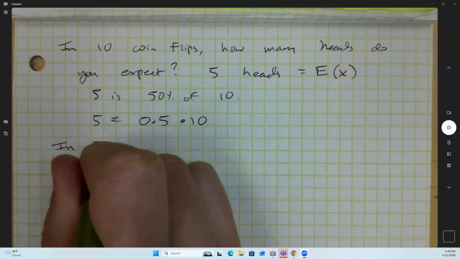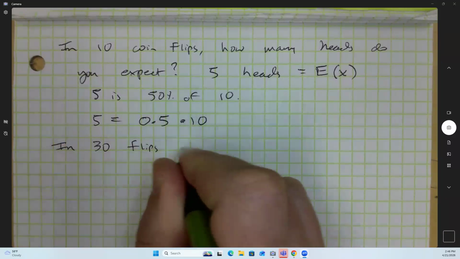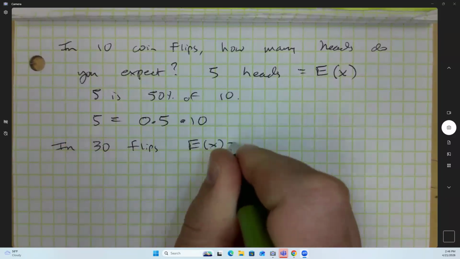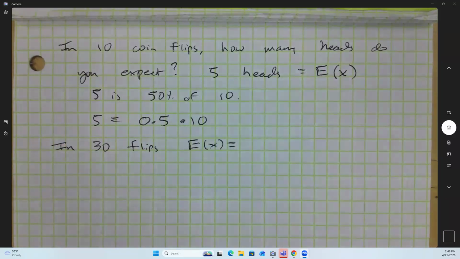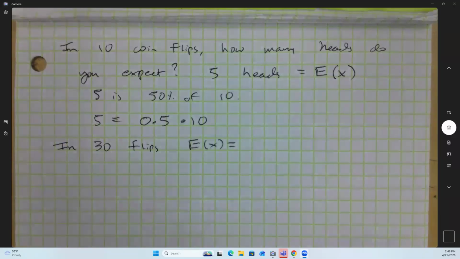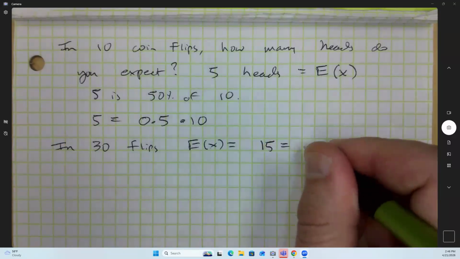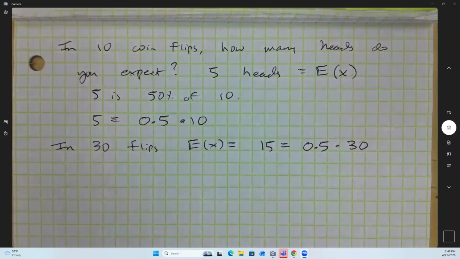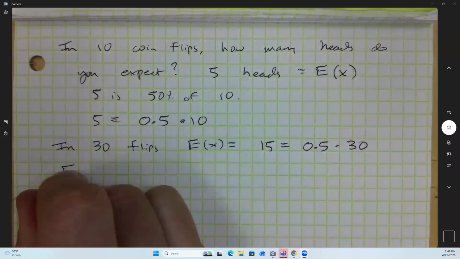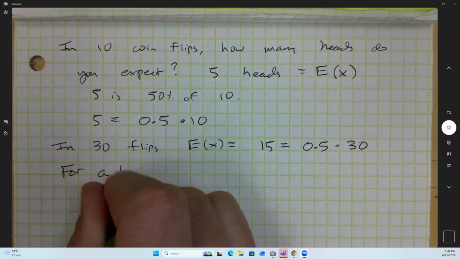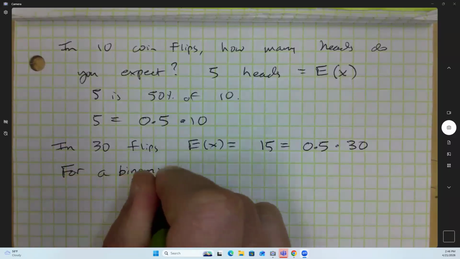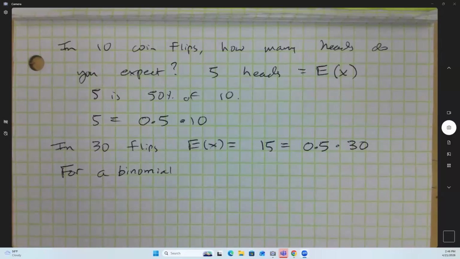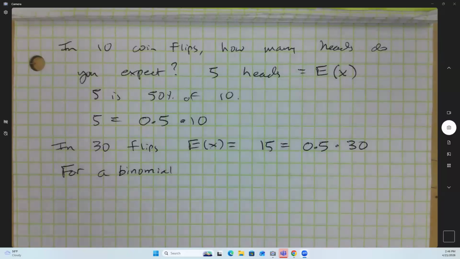How about if you had 30 flips? How many heads do you expect? 15, because 15 is 0.5 times 30. So for a binomial distribution, we don't have to go through that long x times probability of x and add them all up.